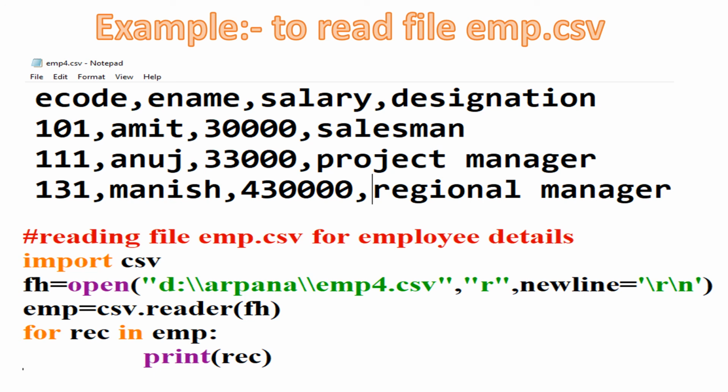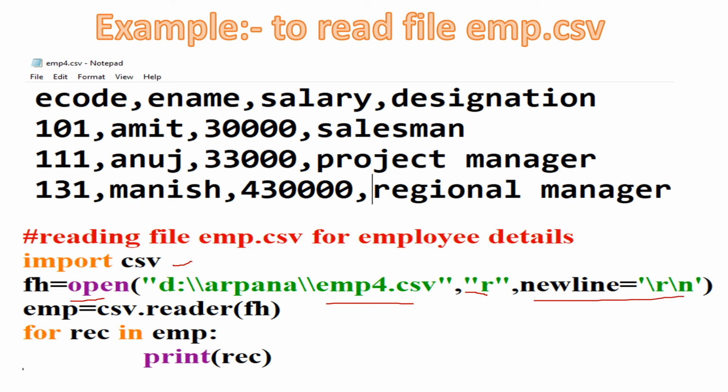So the first step is to import the csv module. The next step is to use the open function to open the file, in which you will specify the path and the file name where the file is stored. Because you are going to read, the mode will be R, and to handle the newline character, you will use newline is equal to \r\n.